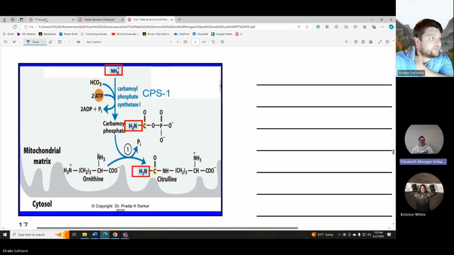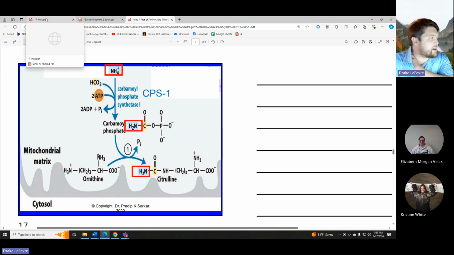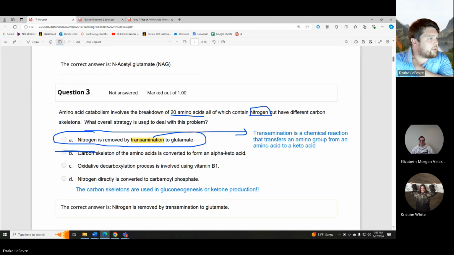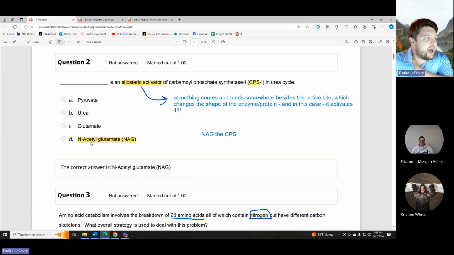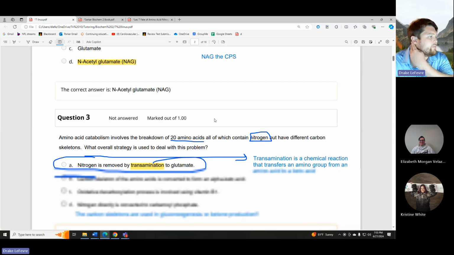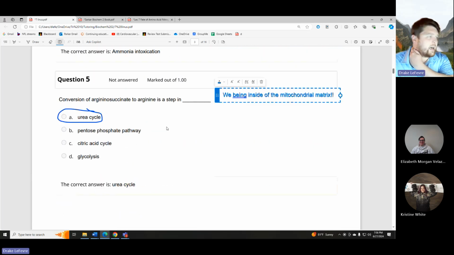It's the NAG. Good, the NAG, because you nag the CPS. So it's N-acetyl-glutamate. Again, glutamate's going to keep popping up. NAG, N-acetyl-glutamate, is that activator.